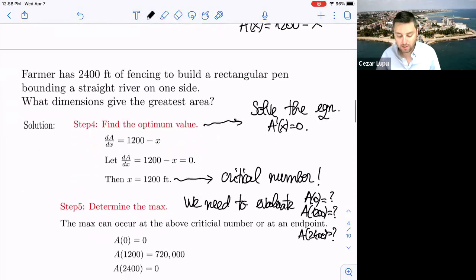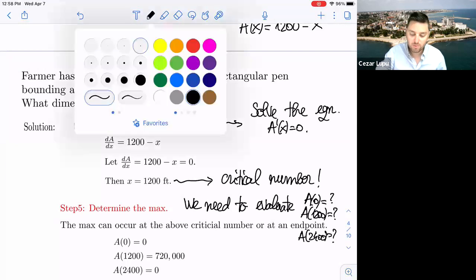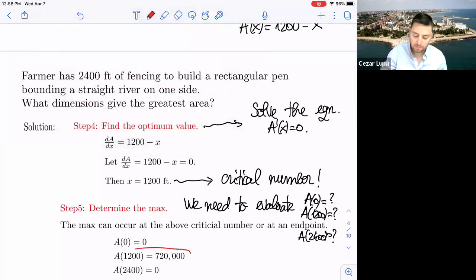And then when you plug in 2400, it will give you 0 again. So can you tell me what is the maximum and when is this attained? Which one from these three do we choose? We choose this one, right? That's the max we're looking for.